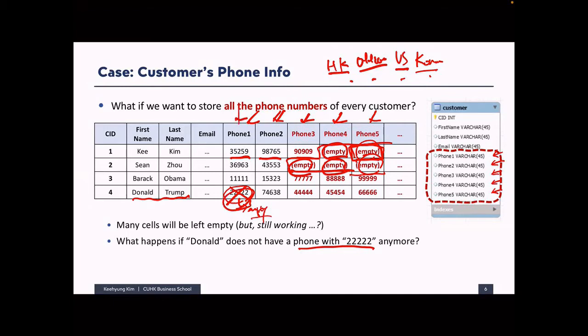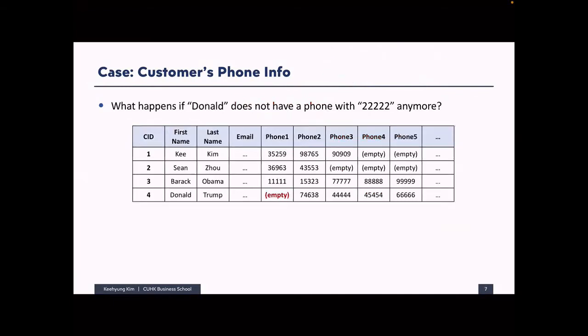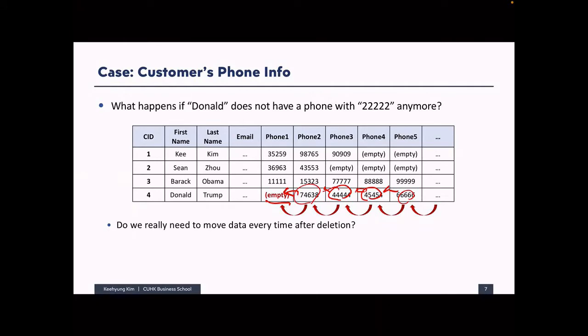So when he doesn't use this phone anymore, we can simply move each phone number to the front like this. The problem is this: whenever certain data is removed, like a phone number in this case, we have to perform multiple operations to fill this gap. So there's too much time cost. We can see that this is actually not a good design.